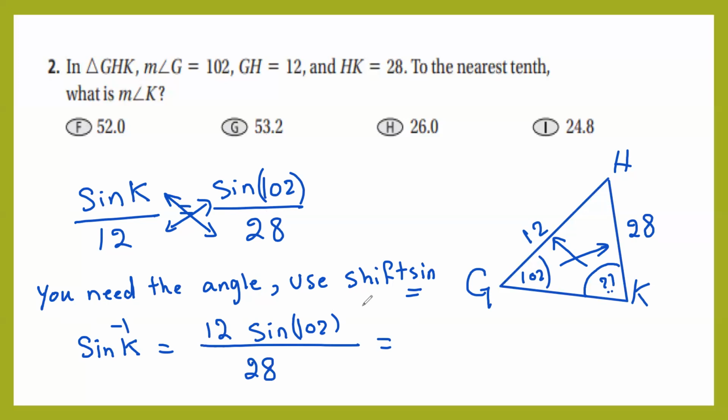Now let's use the calculator, shift sine, and open the fraction part, which is 12 sine 102. Don't forget the parentheses when you are using the calculator. That's helping you too much.